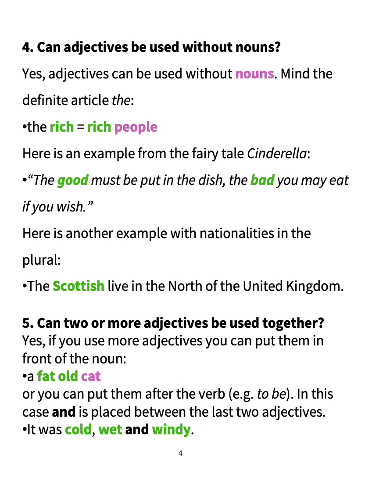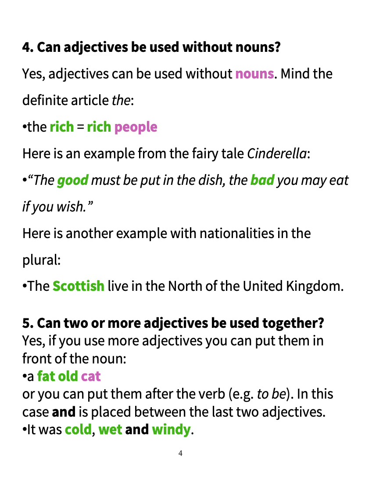Number 5: can two or more adjectives be used together? Yes. If you use more adjectives, you can put them in front of the noun. So we can use two adjectives together, but both must be placed before the noun. For example, a fat old cat.